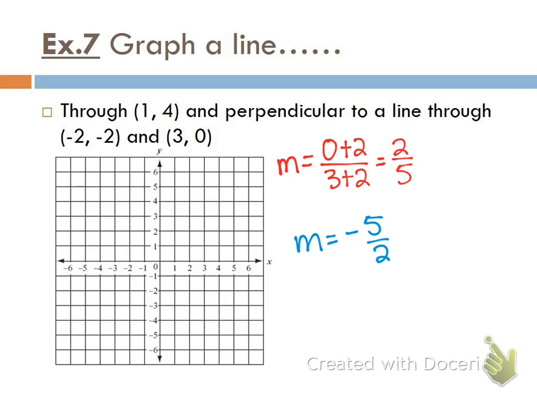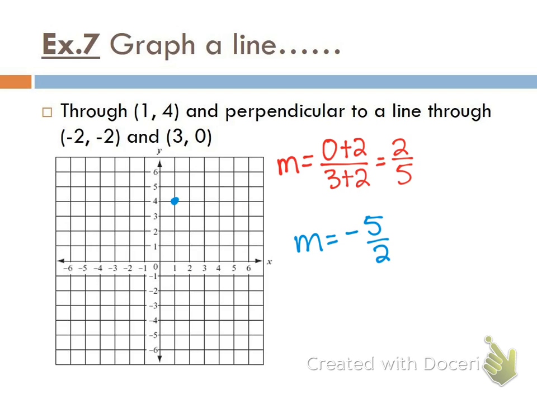Okay, then we graph our starting point from the origin. How do I get to the point 1, 4? Right one, and then up 4. That's the point 1, 4. If I am using the slope -5/2, where do I go from there? Down 5 and right 2.